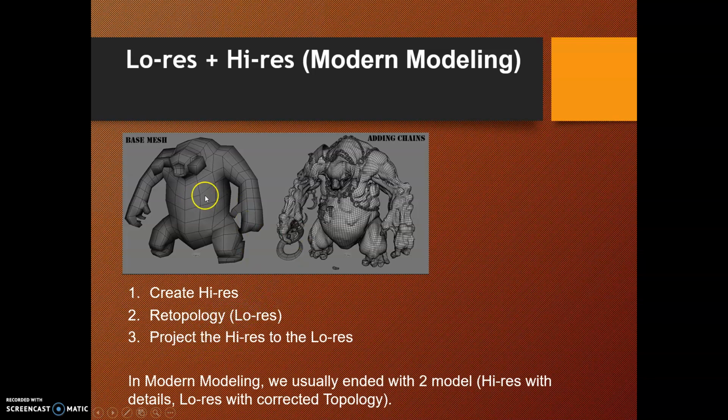Once you finish, you can project your high res to low res. People don't really use the high res; they only use it for projection purposes, because the rigger and the animator all use the low res. This kind of density cannot be put in the game engine.